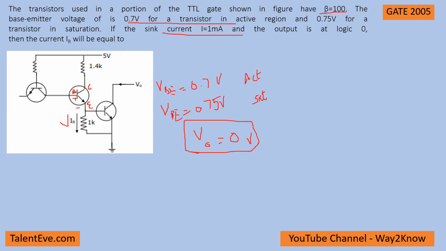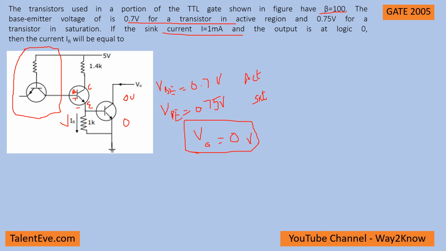Now before solving this, another point which we have to remember is basically we do not know any parameter here. So it is difficult that we solve the problem from the input, but as the output is already given as 0 volts, 0 volts means this transistor is in on condition.